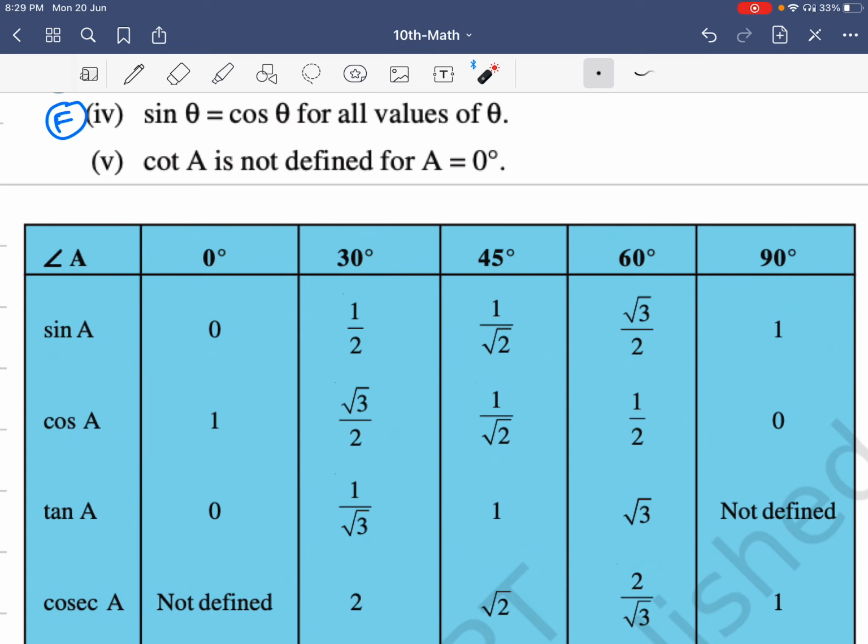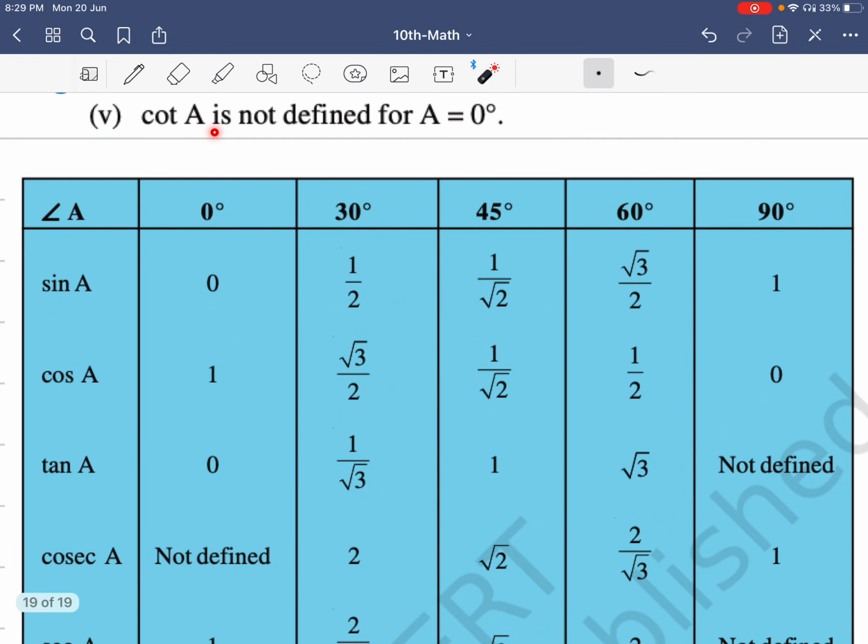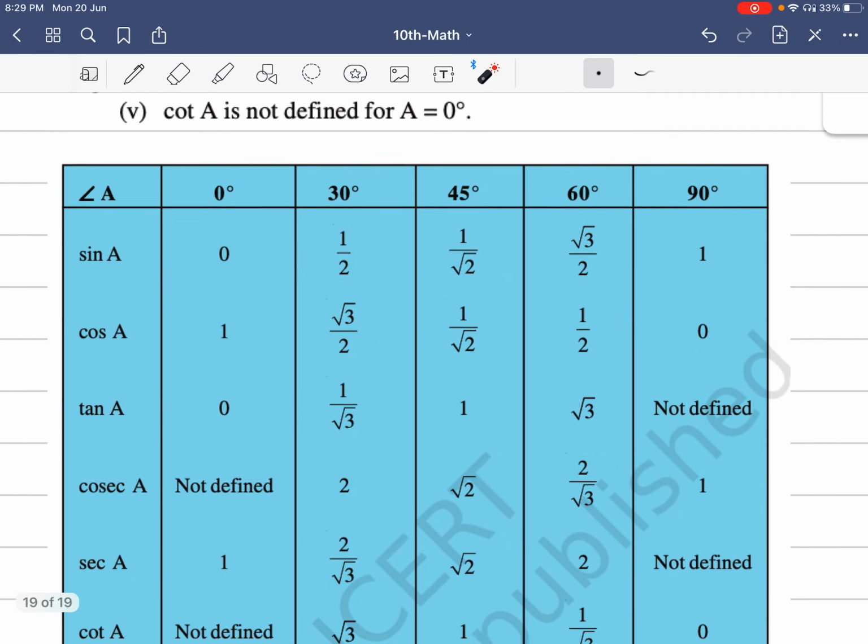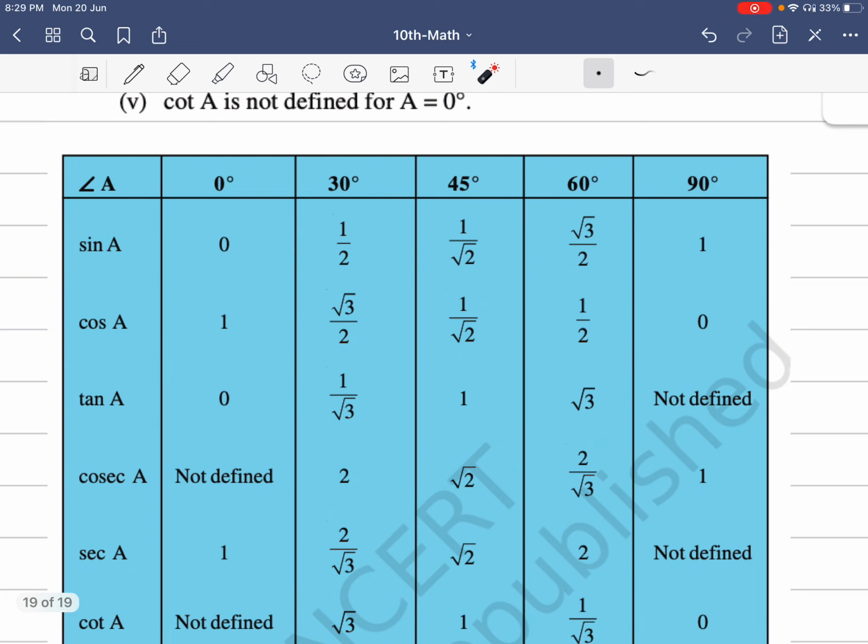And the last but not the least statement is cot A is not defined for A equal to 0 degree. That is absolutely true. So if you come to A equal to 0 degree, here it is. When A is equal to 0 degree, cot A is not defined. That is because tan A is 0 and cot A is, let me just write it down.